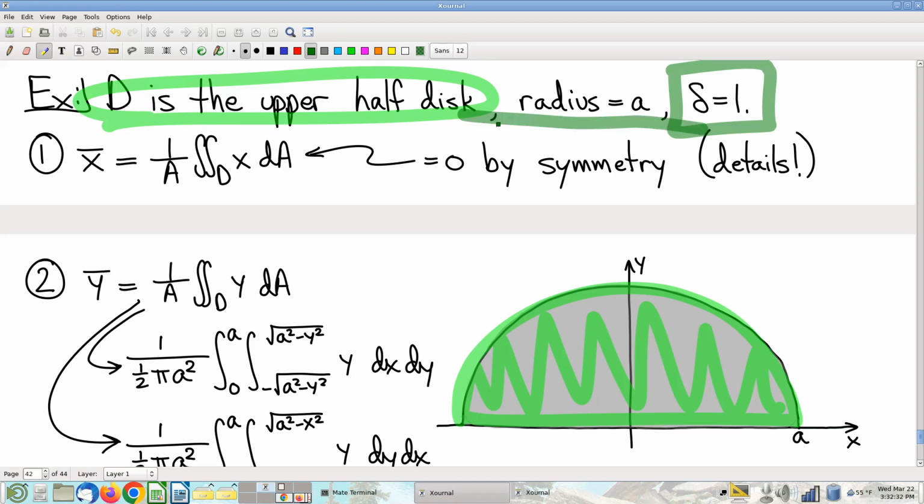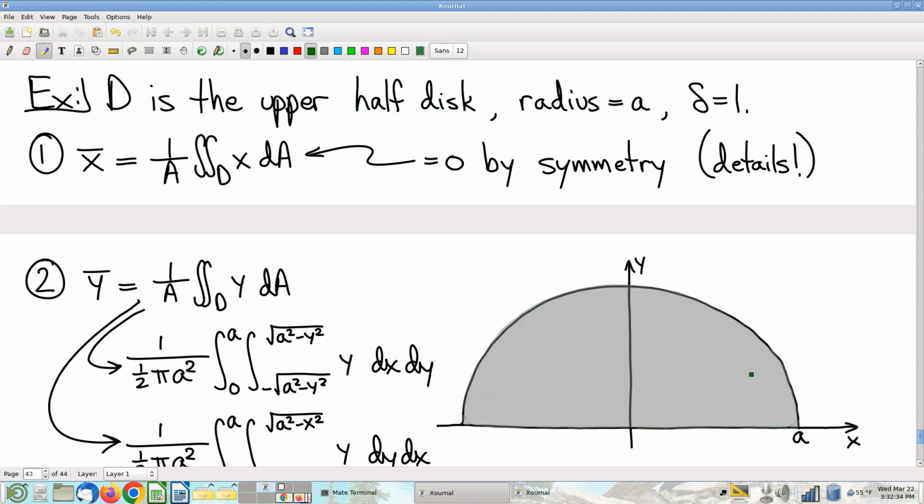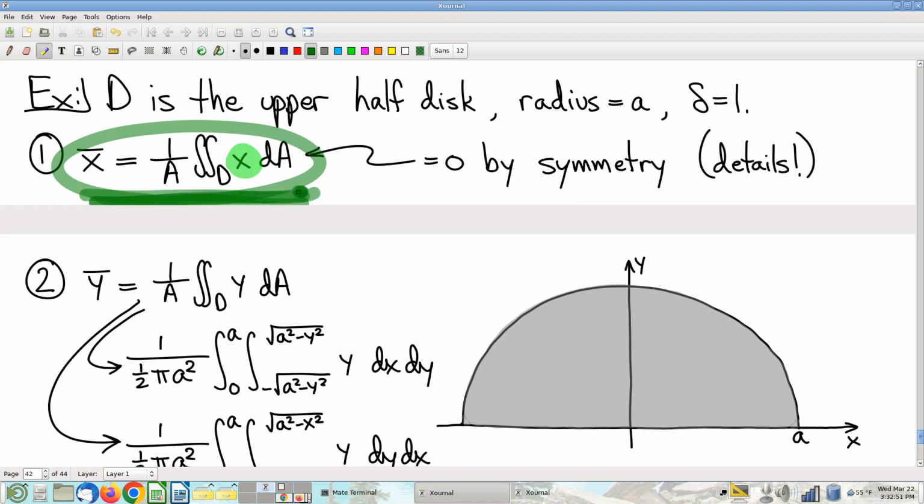We have explicit formulas. For the x coordinate, the x coordinate of the center of mass is the weighted average of all the x coordinates, and you'll recognize that this formula is literally a weighted average.